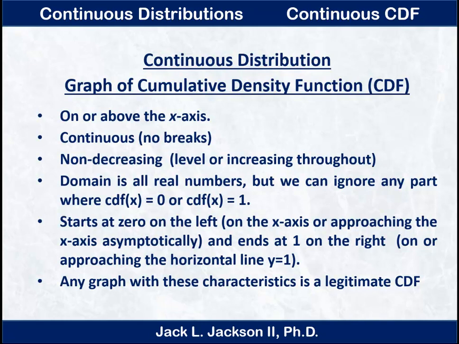So it could have an asymptote of the x-axis, y equals 0, on the left, and or an asymptote of y equals 1 on the far right. Any graph that has these characteristics is a legitimate cumulative density function, CDF, for some distribution.